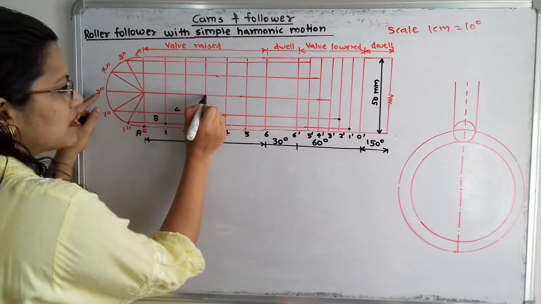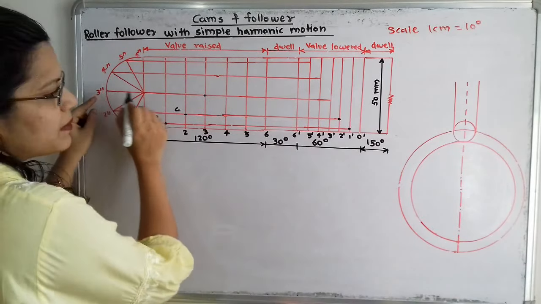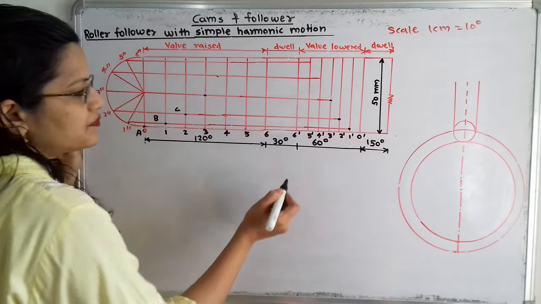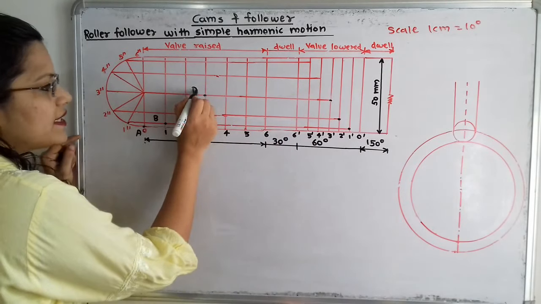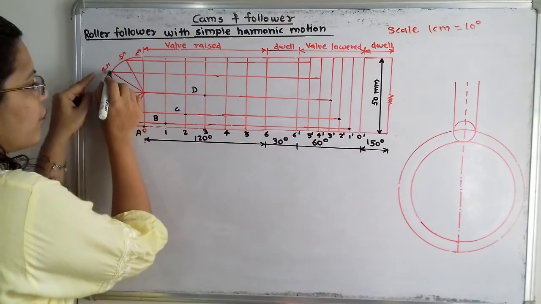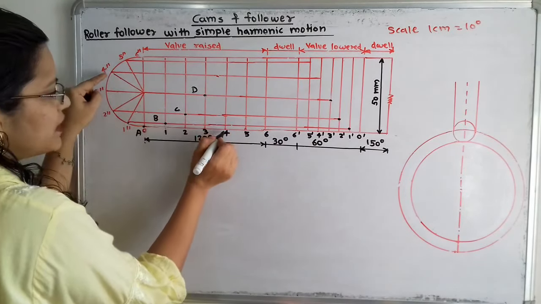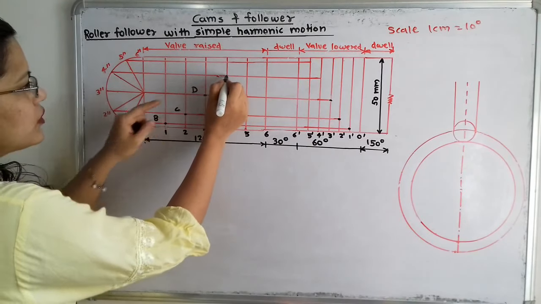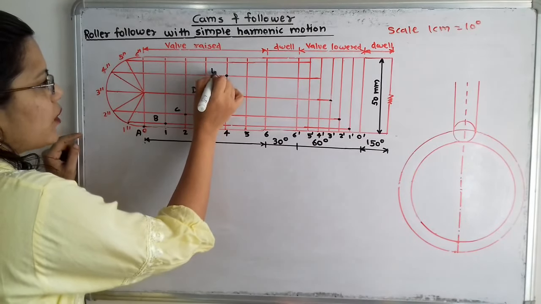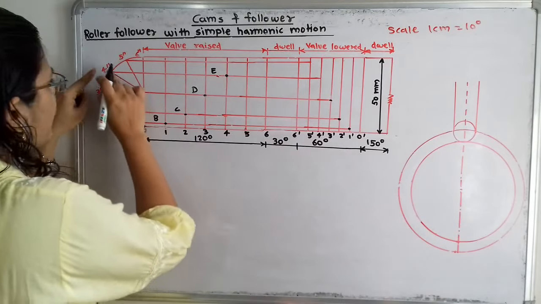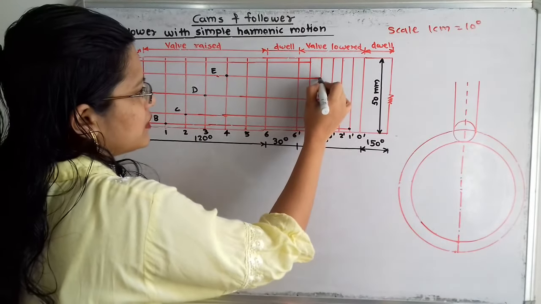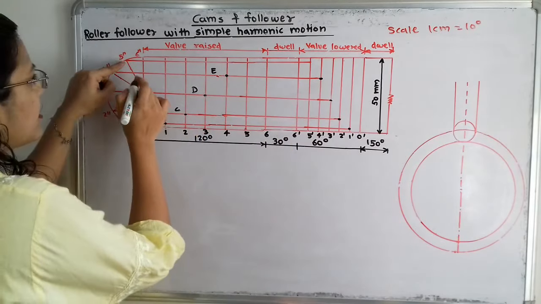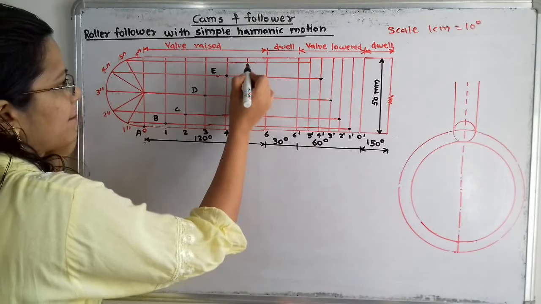Now 3 dash to 3. So here is also 3 double dash to 3 dash. So here the point is D. Then 4 double dash to 4. So here is vertical line 4, horizontal line 4 dash. So here is point E, and here is also 4 double dash to 4 dash. So here also a point is getting selected. Now 5 double dash to 5.